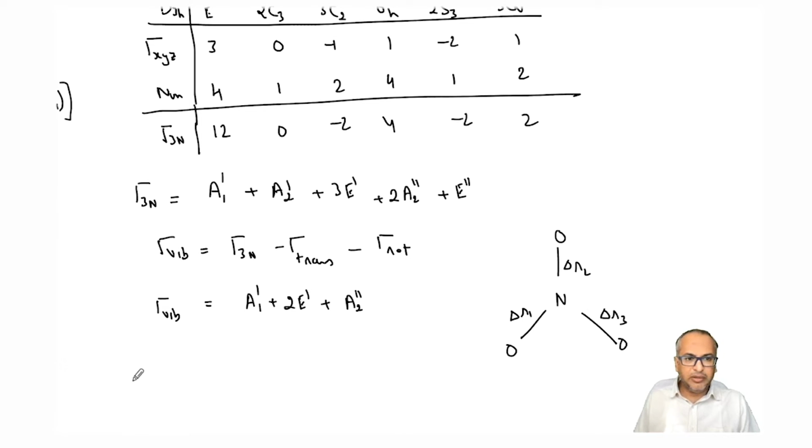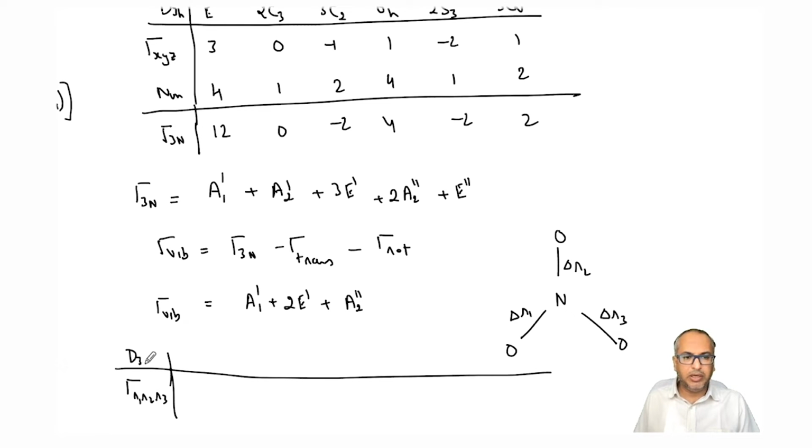So if I create, under D3h, tau R1, R2, R3, I will see that I'll get a representation like 3, 0, 1, 3, 0, 1, right?